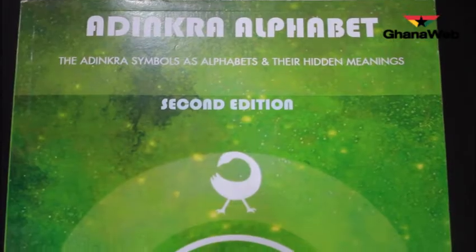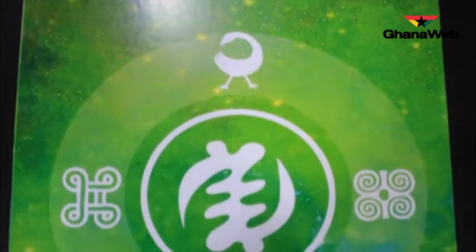When I started writing down the symbols, I realized you could actually make them into an alphabet. There are 28 symbols used in making the Adinkra alphabet, so there are 28 characters: the 26 English characters and also two characters for A and O.